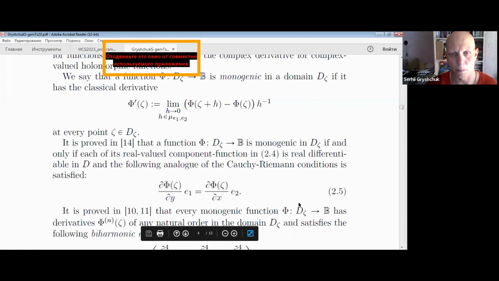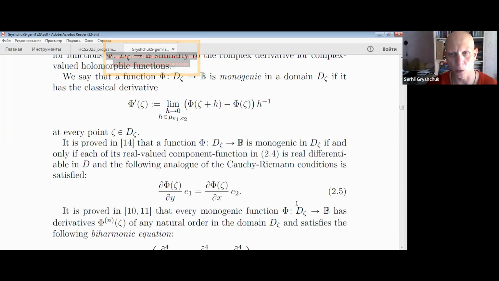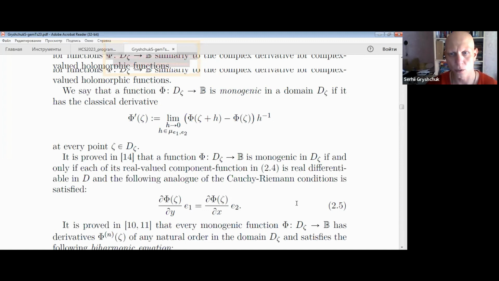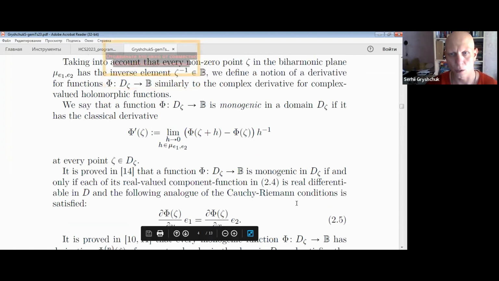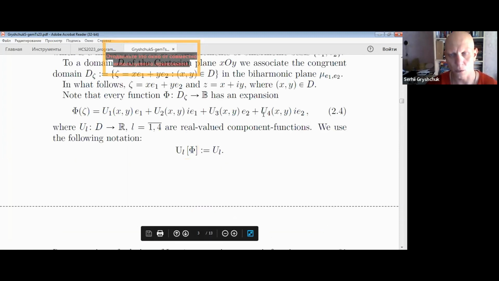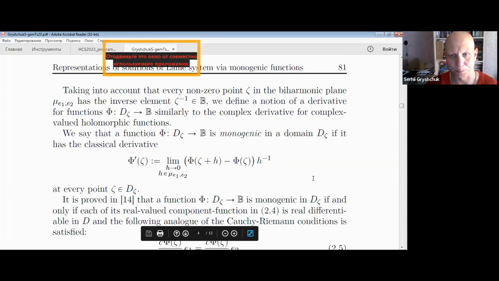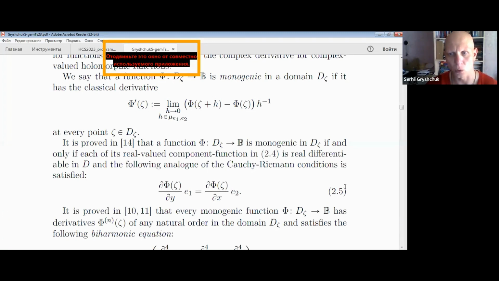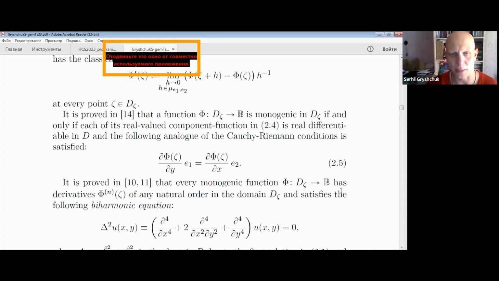It was proved by Melnichenko that a function phi from D zeta to B is monogenic if and only if its real-valued component functions U1, U2, U3, and U4 are real differentiable in D, and the following analog of the Cauchy-Riemann conditions is satisfied.